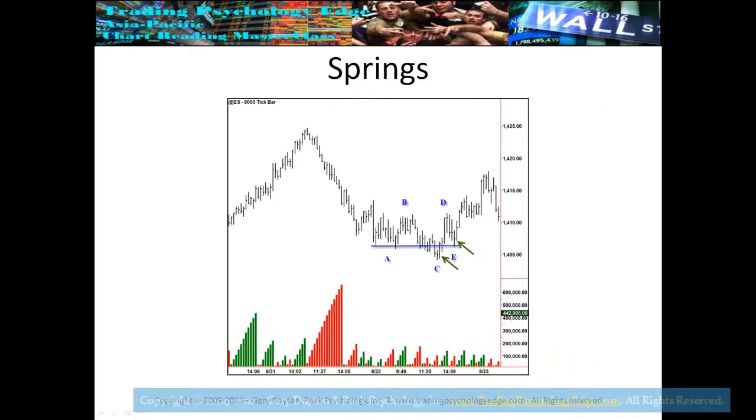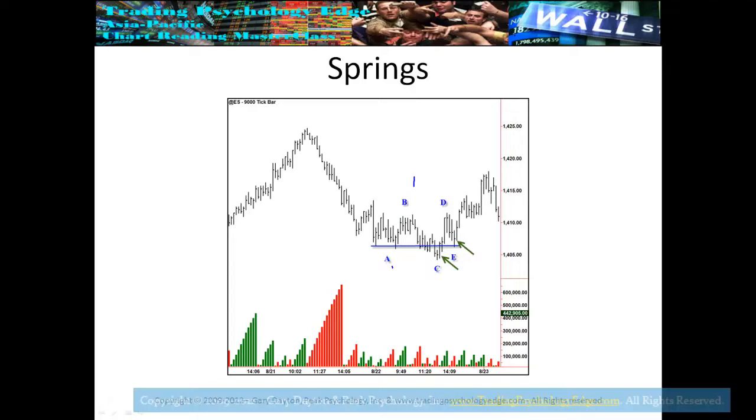Here's another good example of a spring where we've come down. I didn't draw trend lines in here, but we are in a downtrend, and you can see that the downtrend line has been broken, right? You could even draw it like this if you thought that was right, and it still is broken on the test. But the key thing to note here is that we have the low at A, we rally up to B, we come back underneath.